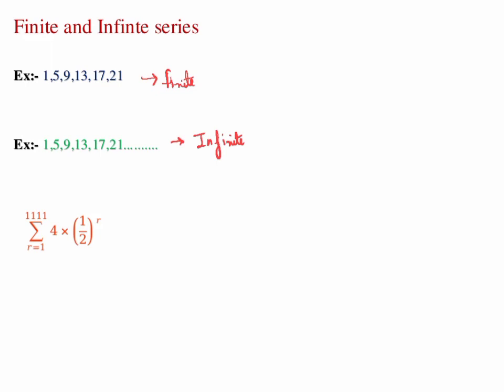Again, if we write it in summation, we'll get this. Starting from r equals 1 to n, this is a finite number of terms, so when you have a finite number of terms in a series, this is again a finite series.